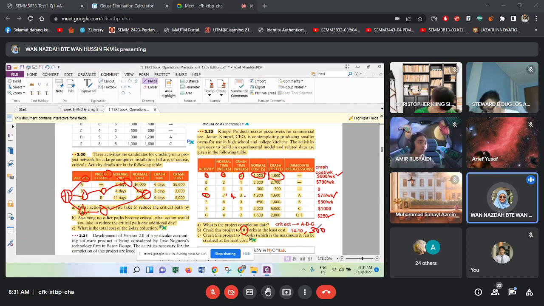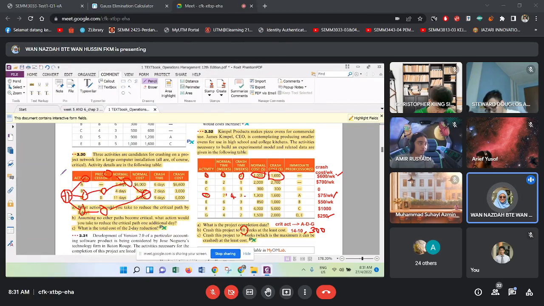Which activity to select? For this new network, the critical activities still happen on A, D, and G. This one, D, you cannot select anymore because you already consumed all the 4 weeks to be crashed.